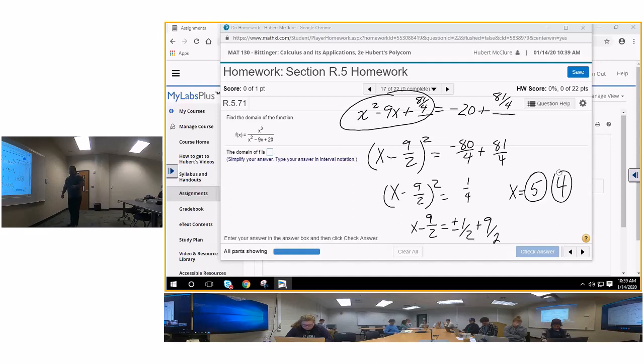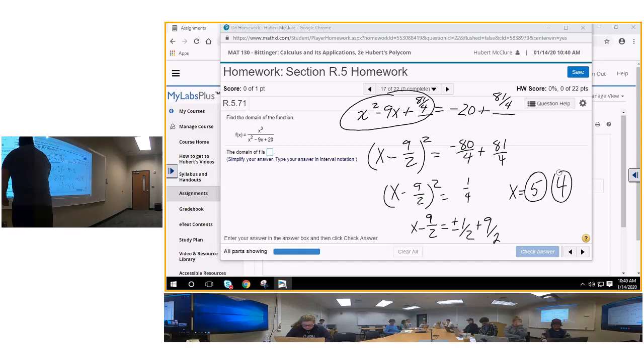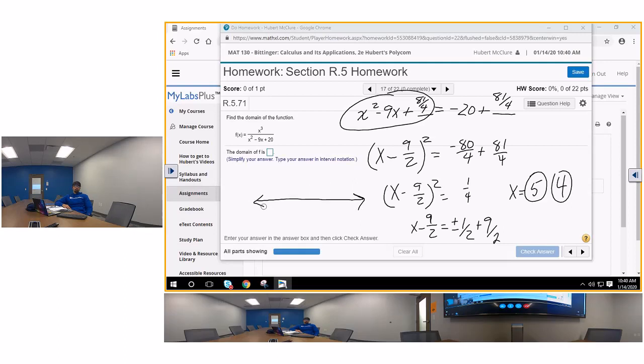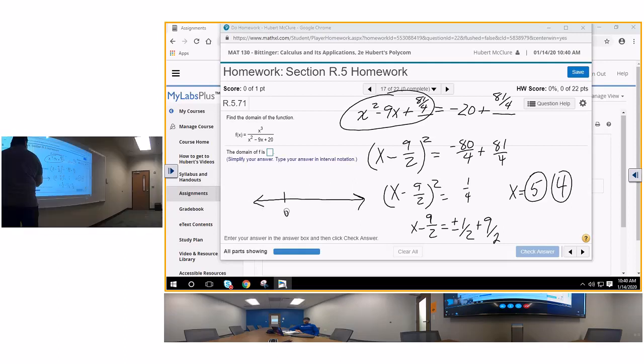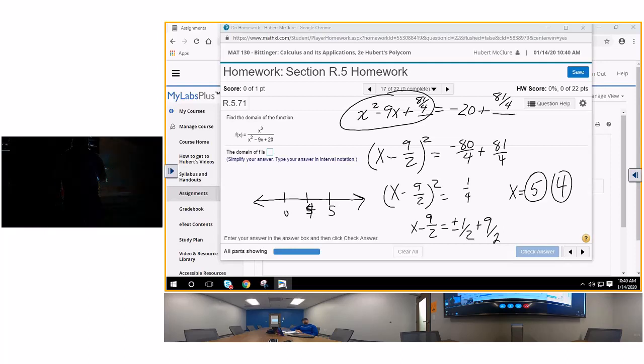Now, my Math 109 students should be going, oh God, I remember doing that all last semester. Hopefully you're saying that to yourself. I hope you're having flashbacks. So let's check it. Here is 0. Here is 4. And here's 5. So we know that 4 will give us a 0, so we can't use 4.